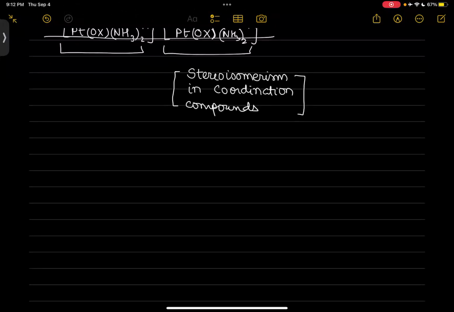And there are two broad categories of stereoisomers. What are the two broad categories? They are geometrical and optical isomers.